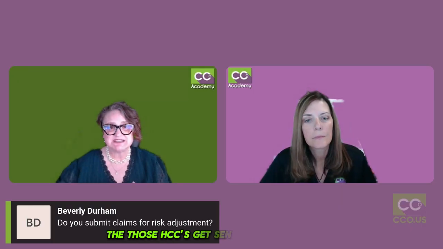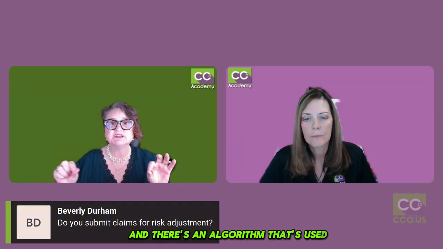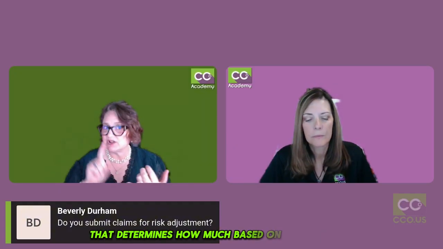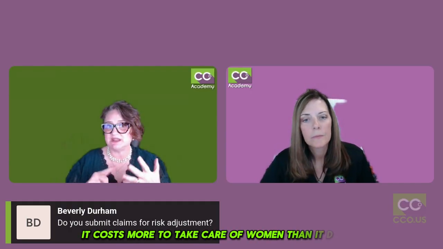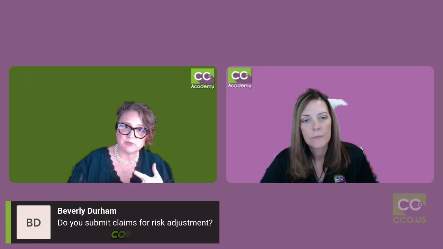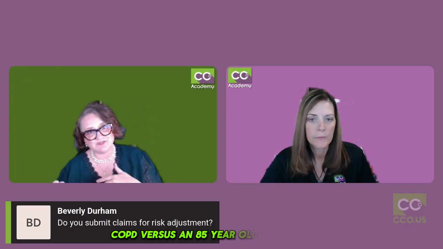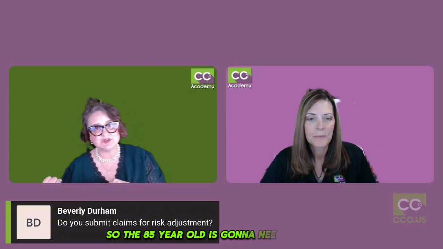Those HCCs get sent out for that patient, and there's an algorithm that determines how much based on male or female, your age. Of course, it costs more to take care of women than it does men. And can you imagine how much money you need to pay for a 65-year-old with COPD versus an 85-year-old with COPD, right? The 85-year-old is going to need more money based on what we know.